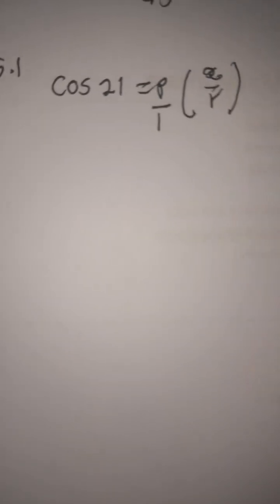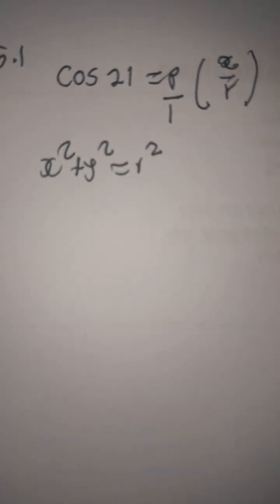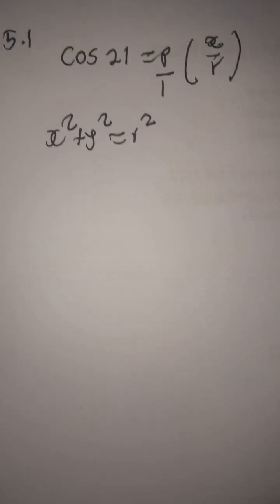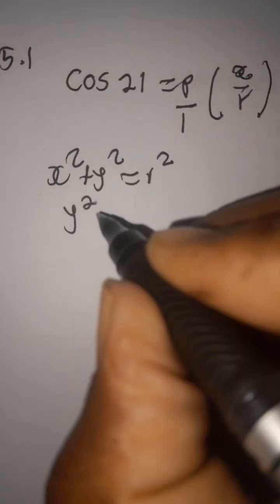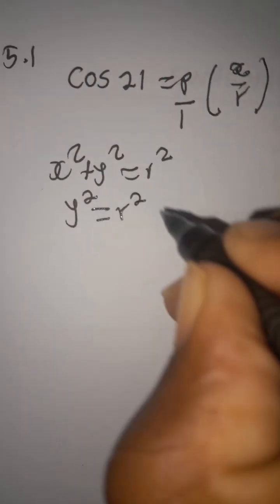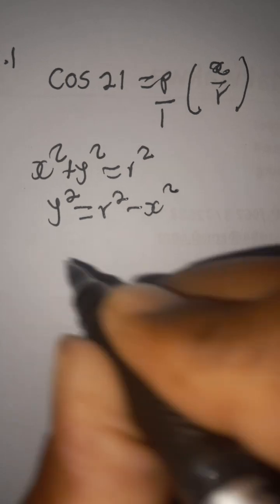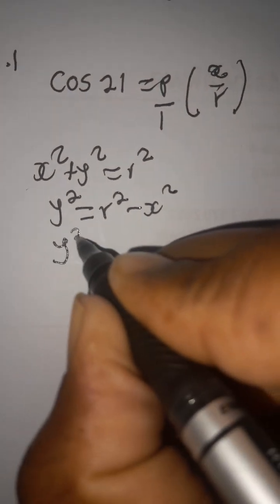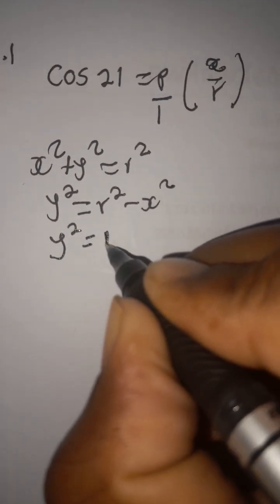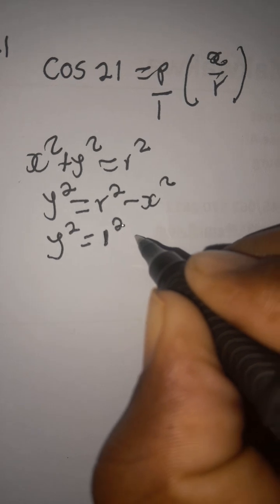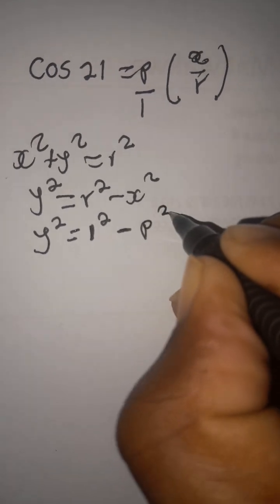So we need to first calculate y. Remember that x squared plus y squared is equal to r squared. In this case, guys, we need to make y squared the subject of the formula. So we will transpose x squared to the other side, meaning that r squared is replaced by 1, and x is replaced by p squared.